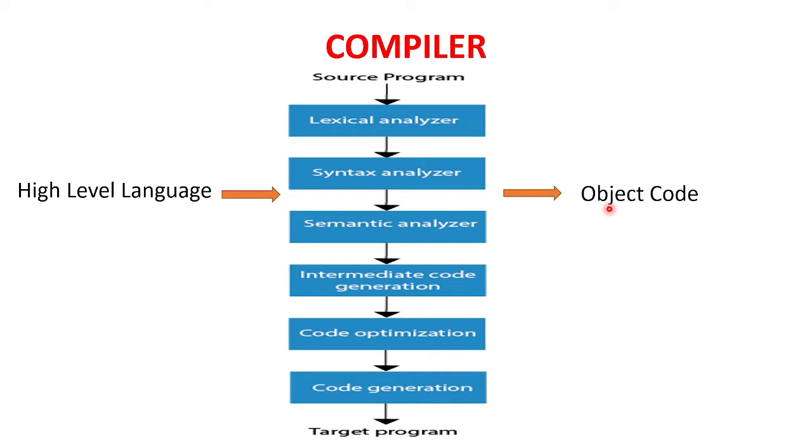So to the source program, lexical analyzer will be applied, then syntax analyzer, semantic analyzer, intermediate code generation, code optimization, code generation, and the target program will be given as an input to assembler.